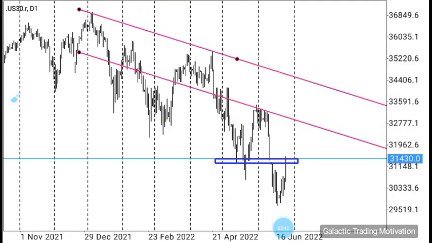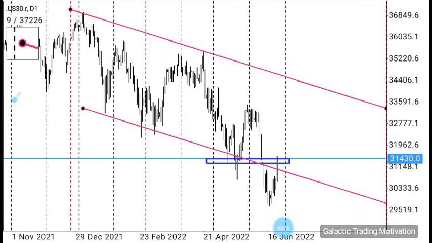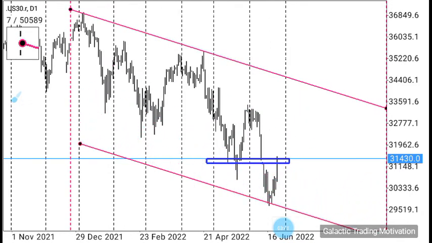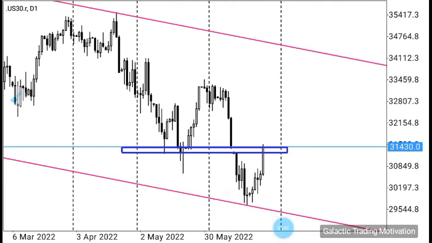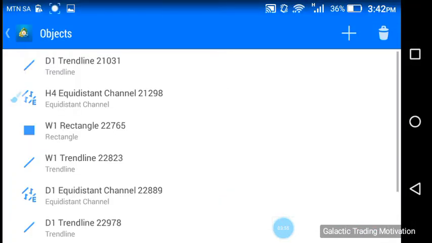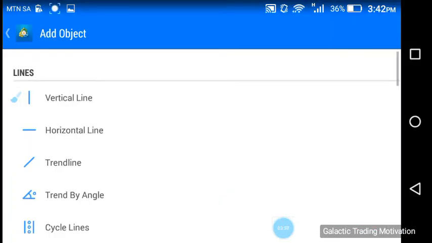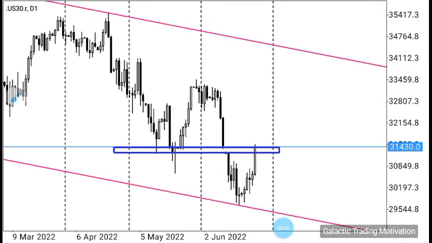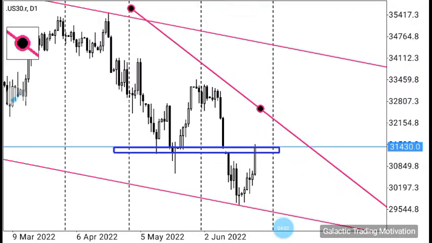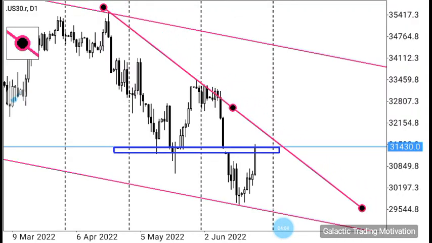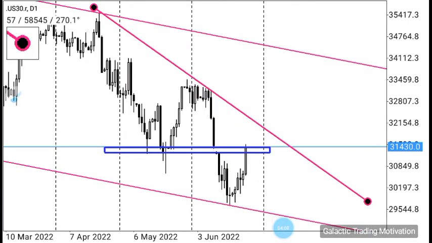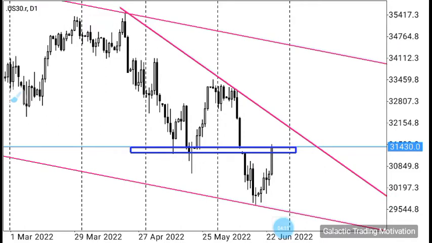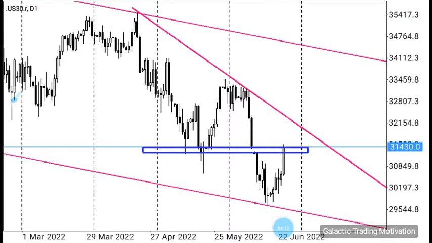Just bear with me, guys. There goes our channel on the daily chart. I'm also going to draw a trend line, an inner trend line that is. There goes our inner trend line. There we go.